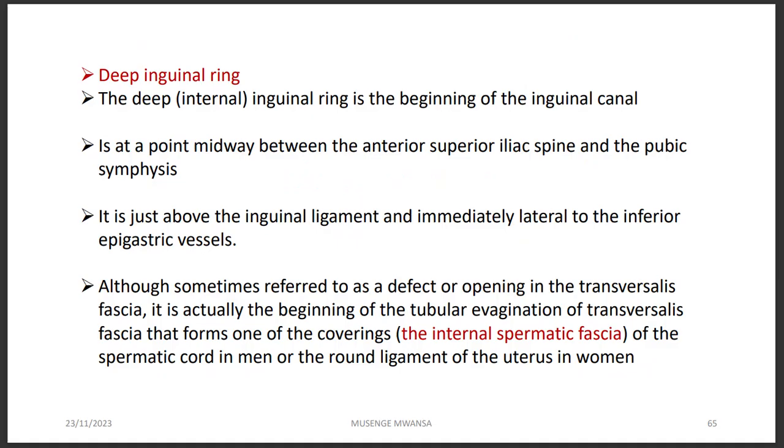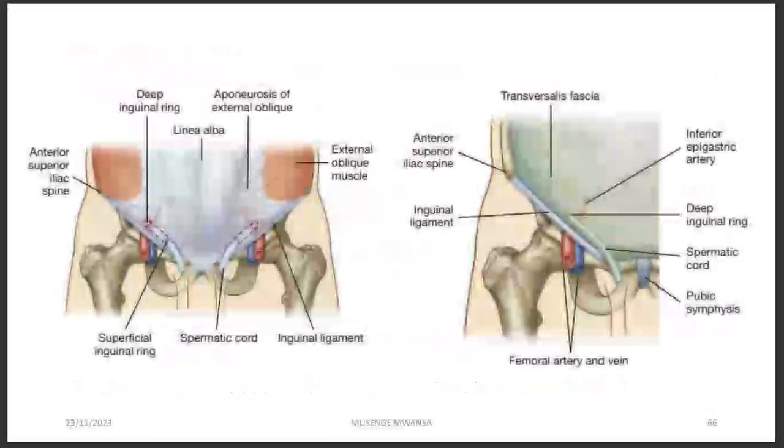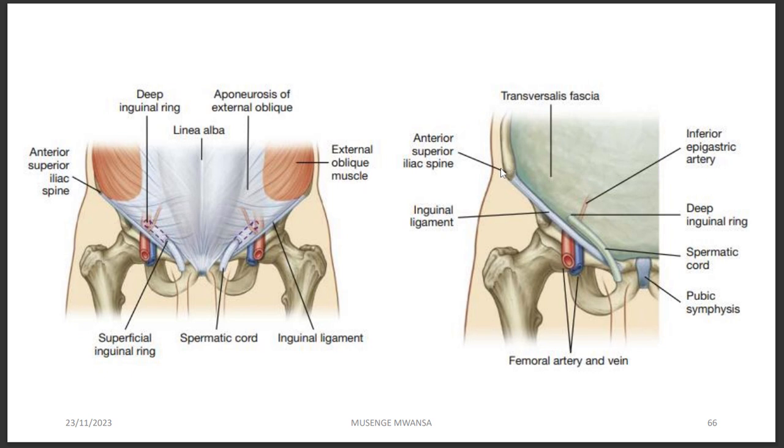The deep inguinal ring, I think this will make sense if you see the structure. So this is the pelvic bone, with the anterior superior iliac spine here, and in front here you have the anterior inferior. It attaches somewhere at the end, at the pubic symphysis here.